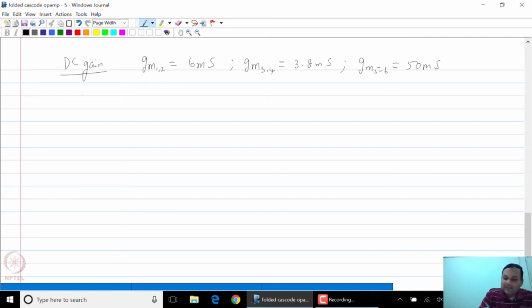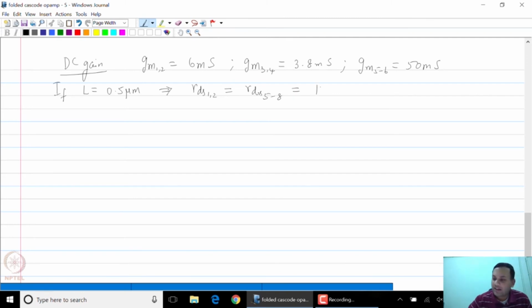Let us start off assuming you are trying to use minimum length, which is what you would do because you want to keep the parasitic capacitances as small as possible. So we are trying to find out if that would work for us. If L is equal to 0.5 microns, this tells us that RDS of 1 and 2 would be the same as RDS of transistors 5 to 8.